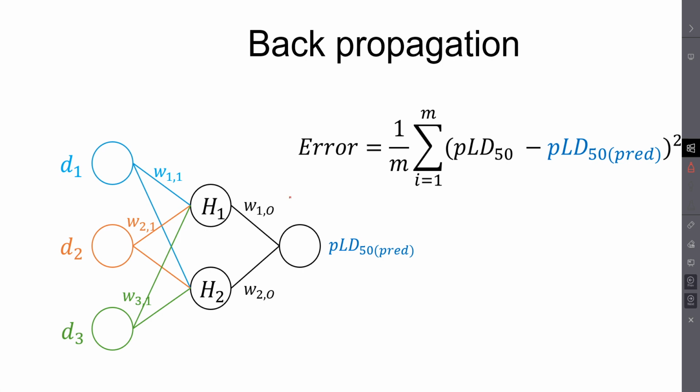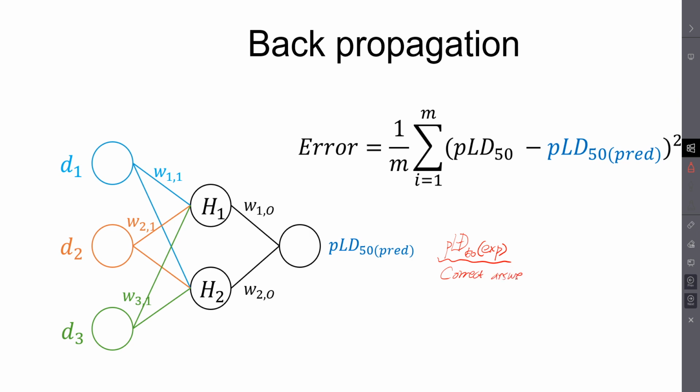After feed forward, we can calculate the error in the prediction value, because in this case we have this experimental value, which is the correct answer.